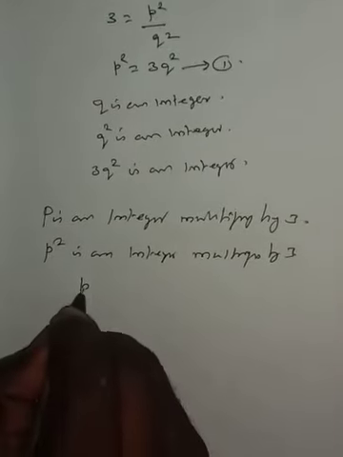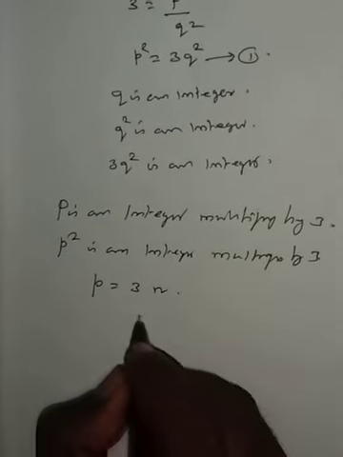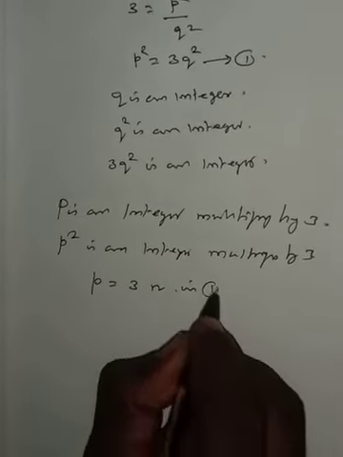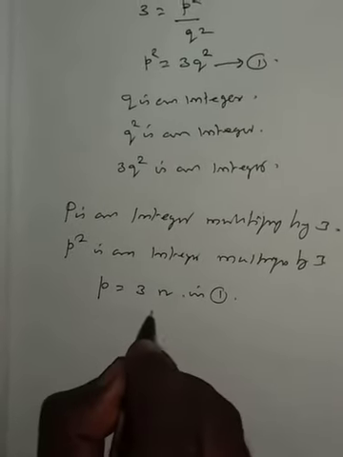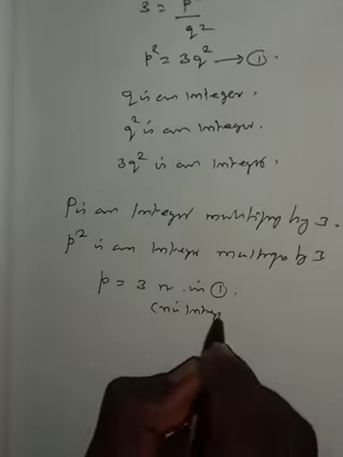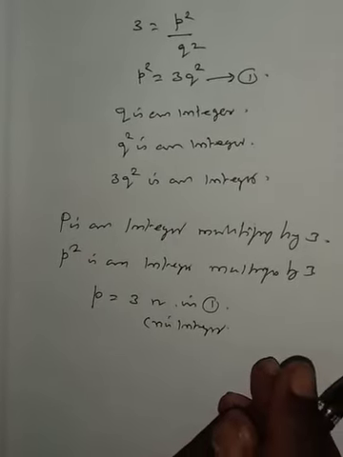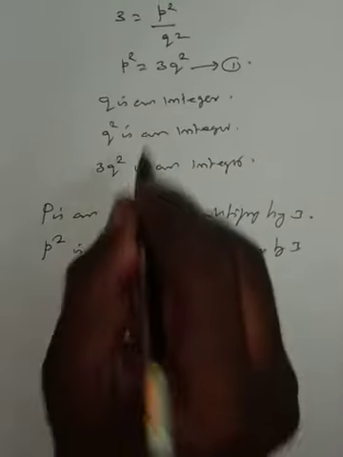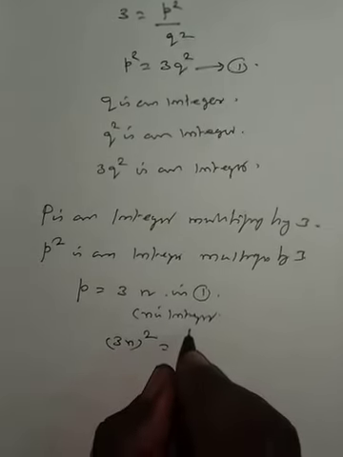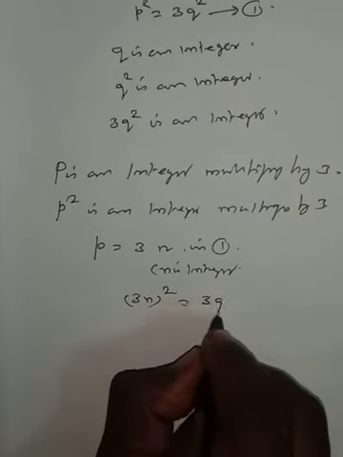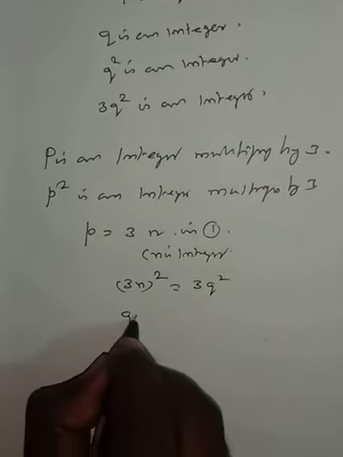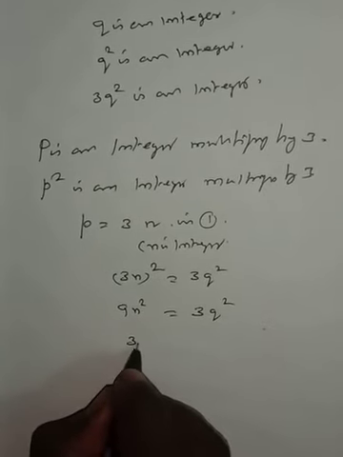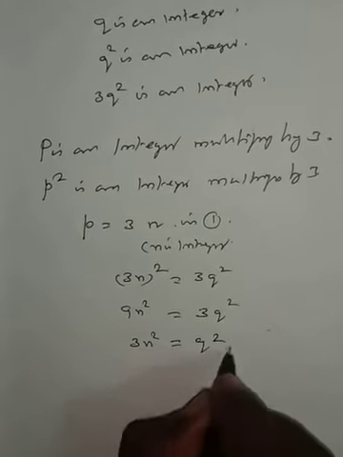So p is equal to 3 into some number n, where n is an integer. Therefore, substituting in equation number 1, 9n square is equal to 3q square. So 3n square is equal to q square.